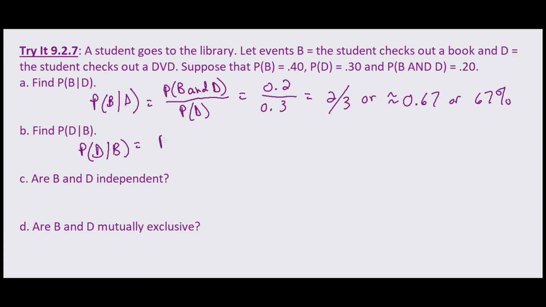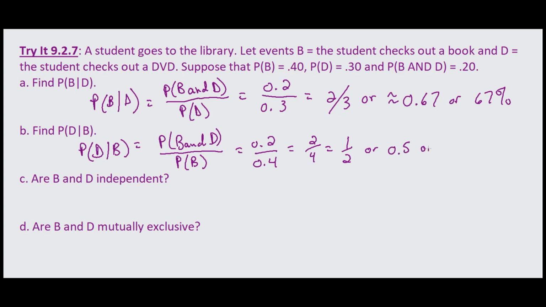So the probability of B and D, but now we're dividing by the probability of checking out a book. So that equals 0.2 divided by 0.4, which equals 2/4, which equals 1/2, or 0.5, or 50%.